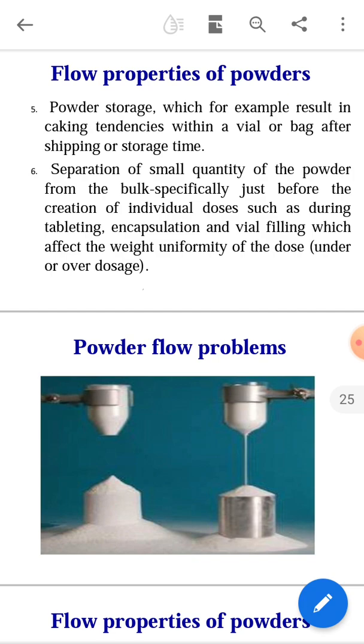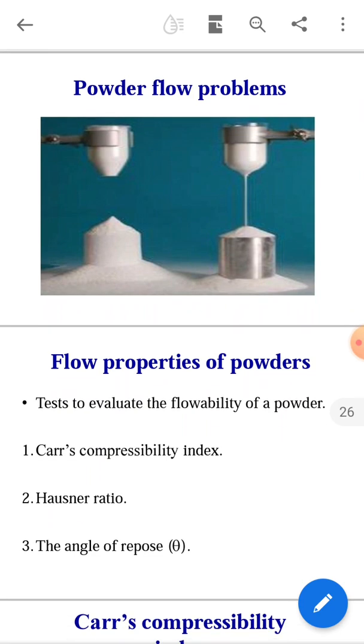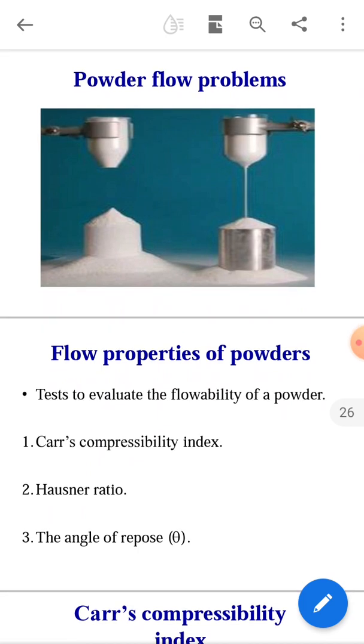So you have to determine the flow property: excellent flow, good flow, or poor flow. First we determine the powder flow properties, then we go for dose manufacturing. If the powder flow property is poor, you do not manufacture doses from that powder. You have to take powders with excellent flow property, then go for manufacturing.